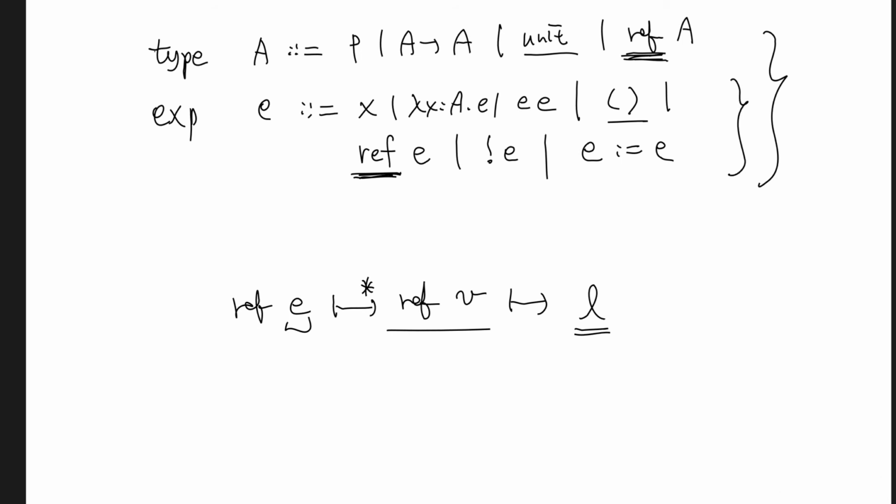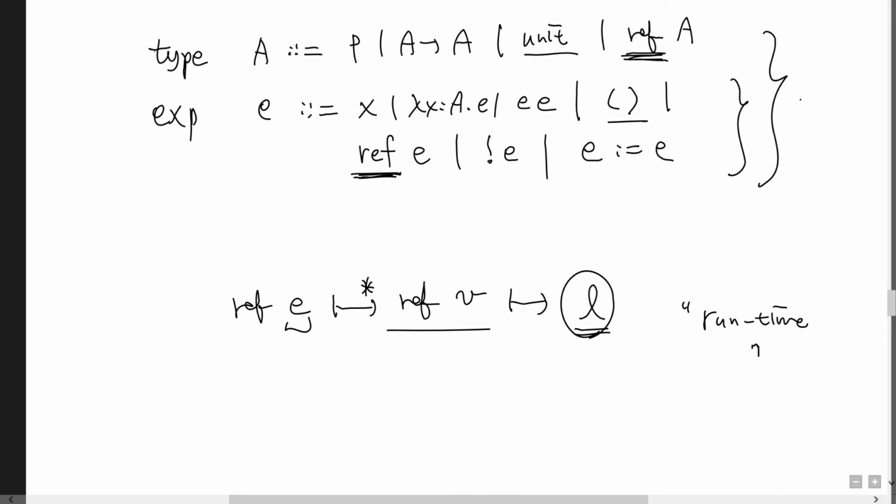And in fact, this location L is some sort of runtime value that is not supposed to appear in your source code. This location L will be generated only at runtime, not at compile time. Nevertheless, we have to extend the definition of expressions to include this new form of expression called location. So we add this location L.